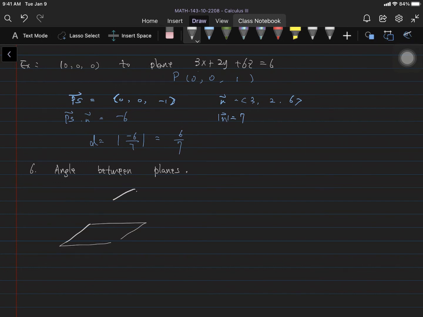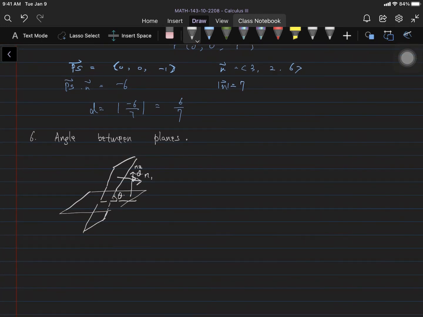So for example, here we have two planes, and here we have the normal vectors, n1 and n2. The angle between those two planes is just the same as the angle between n1 and n2.